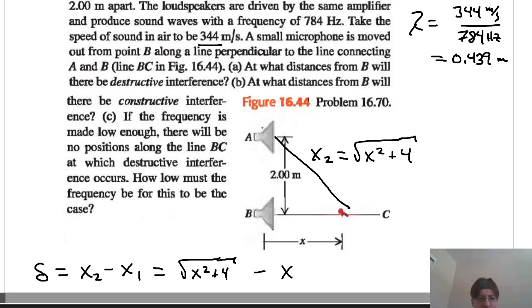Okay, and in fact, since in this question we care about both destructive and constructive locations, it'll be useful to set it equal not to m lambda or m plus a half lambda, but let's be general about it and just say it's equal to some number beta times lambda.